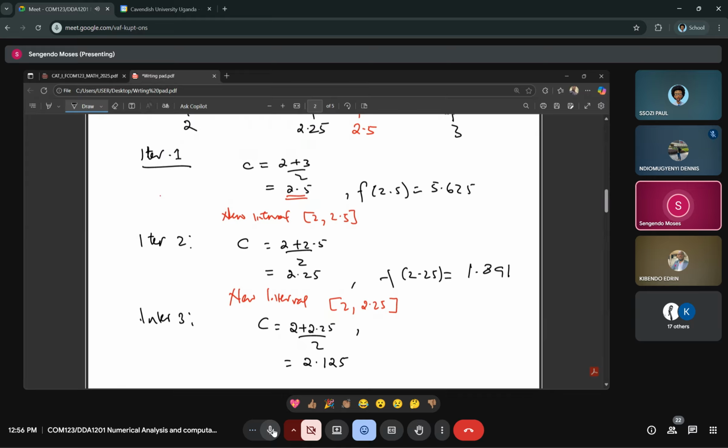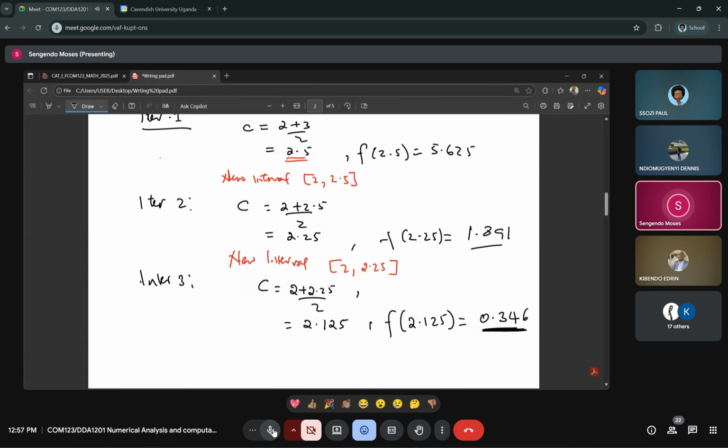Okay, 2.125, and then we need to evaluate F at 2.125. This gives us 0.346. Are you seeing a 0? As if there is a root now. Initially there was no root.